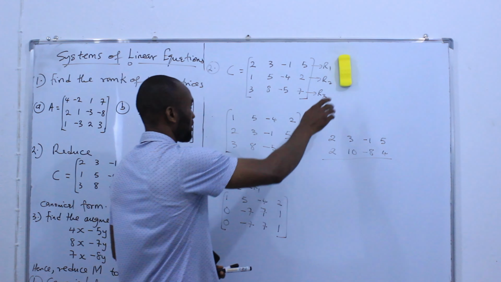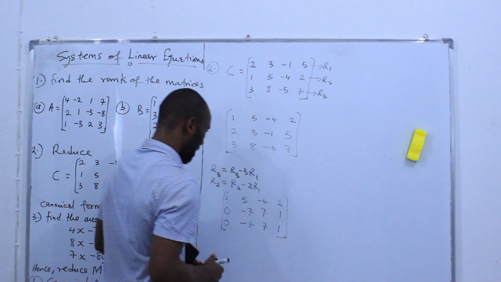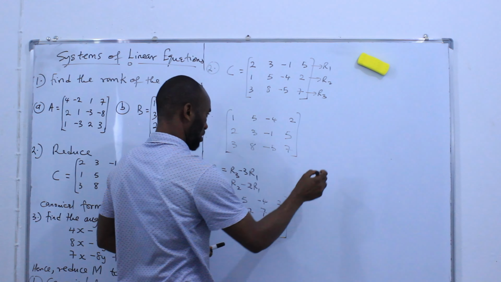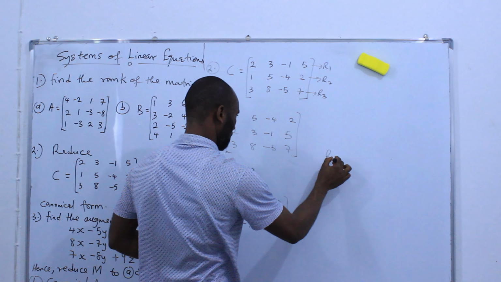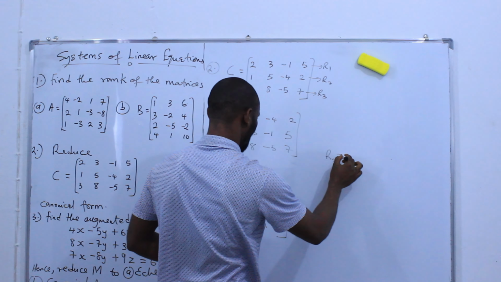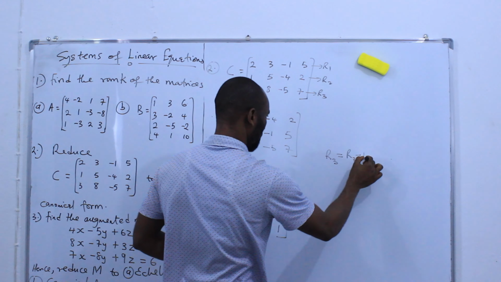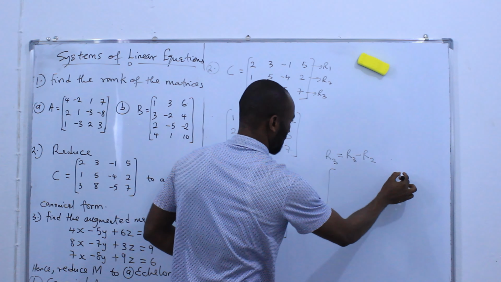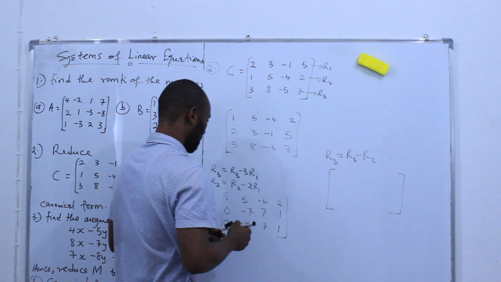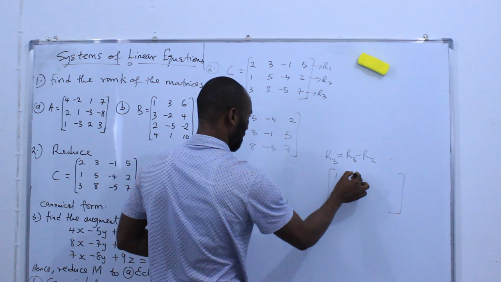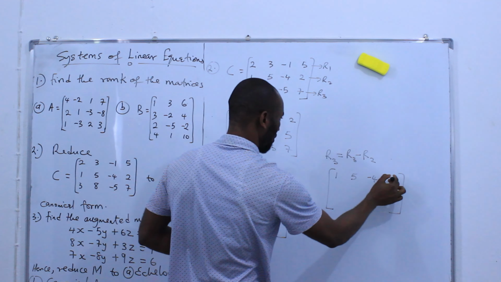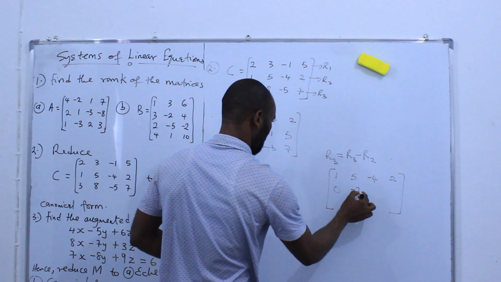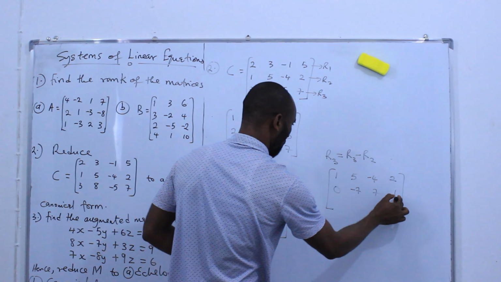So how do we do that? The next step is R3 equals R3 minus R2. First of all, we have 1, 5, minus 4, and 2. And we have 0, minus 7, 7, and 1.